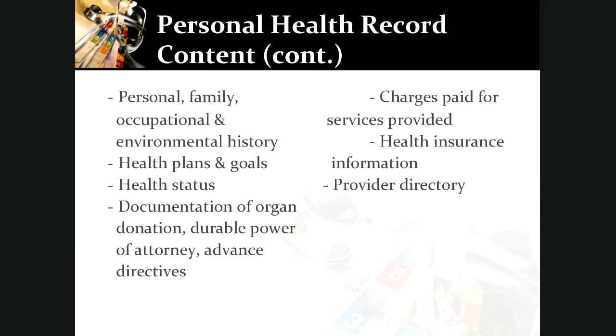Do not resuscitate. Those types of things. Charges paid for services provided. Health insurance information. Provider directory might have all their physicians listed and their contact information. Okay? Again, these are not specific requirements, but things you might find in a personal health record. Okay?